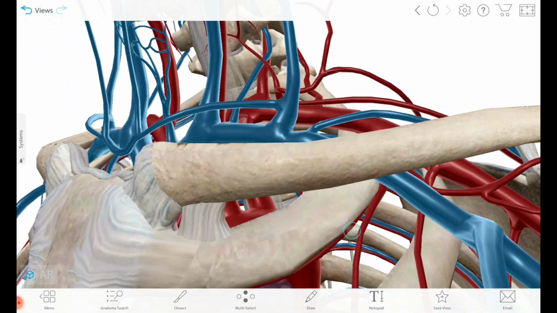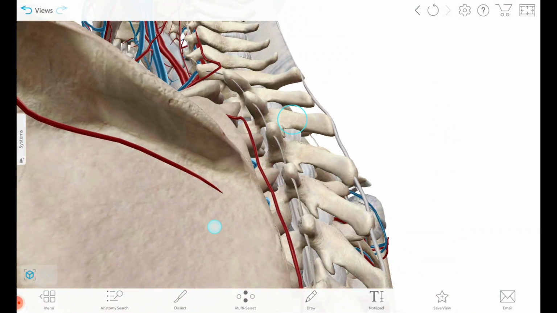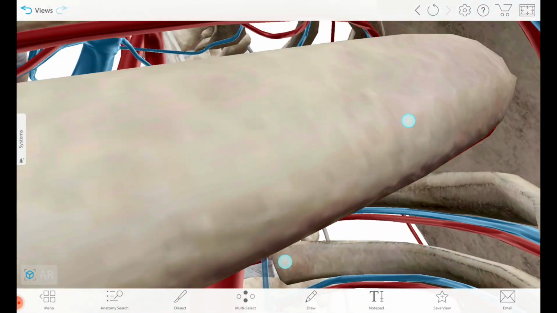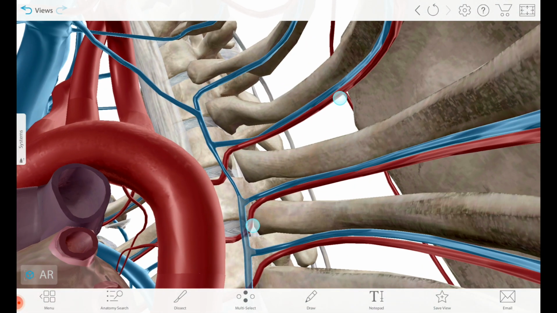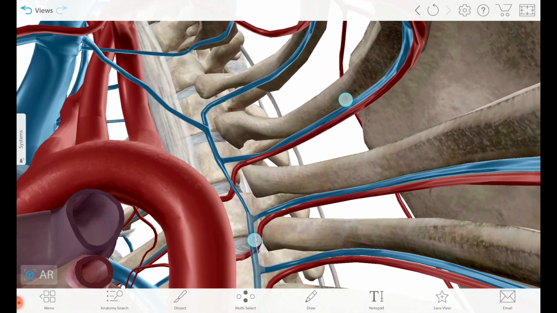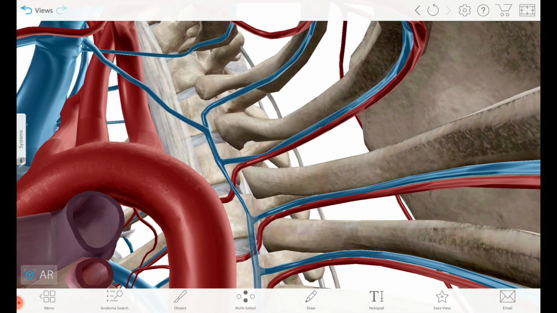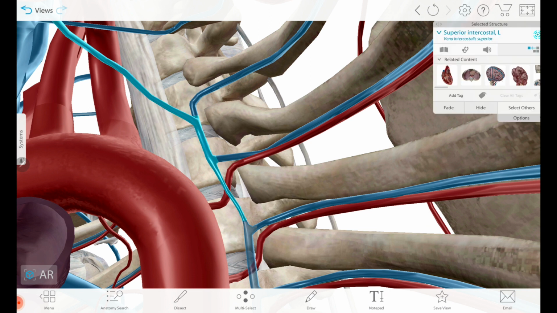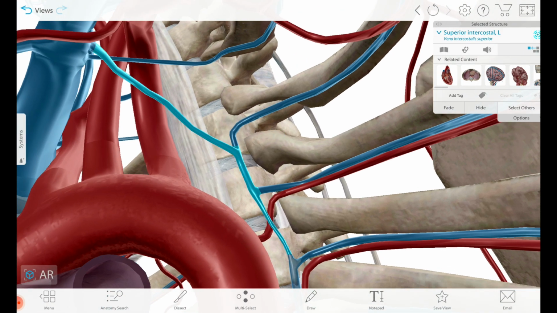Now what happens is that the second, third and fourth intercostal veins also drain into the left brachiocephalic vein. You can see the second, third and fourth intercostal veins combine to form this superior intercostal vein, and the superior intercostal vein is again draining into the left brachiocephalic vein.